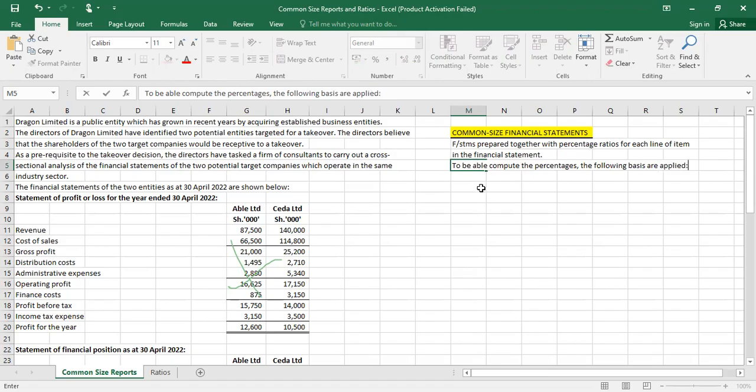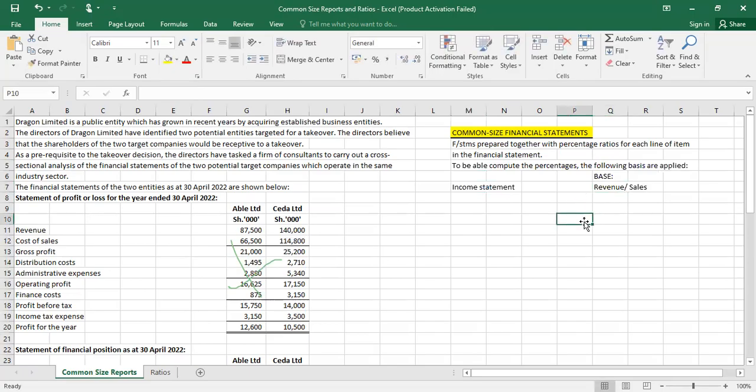Now for the income statement, the base for computing the percentages is the revenue or the sales figure.